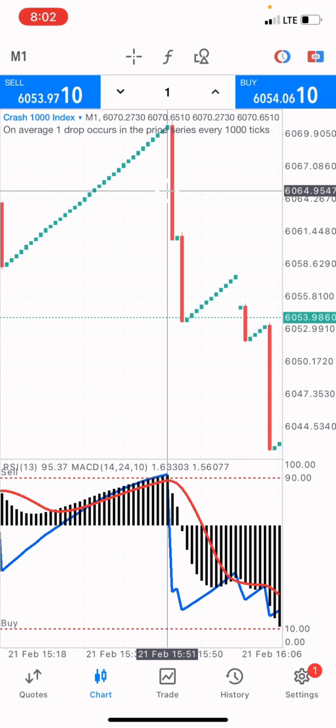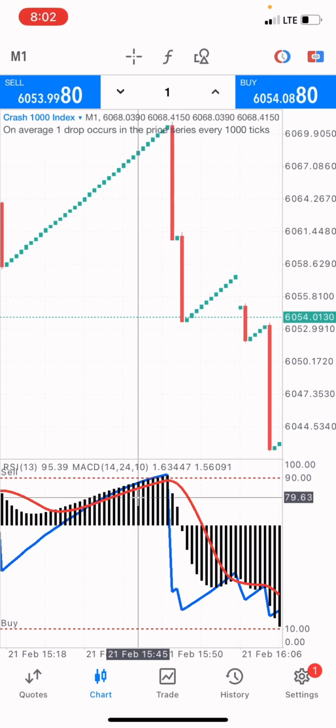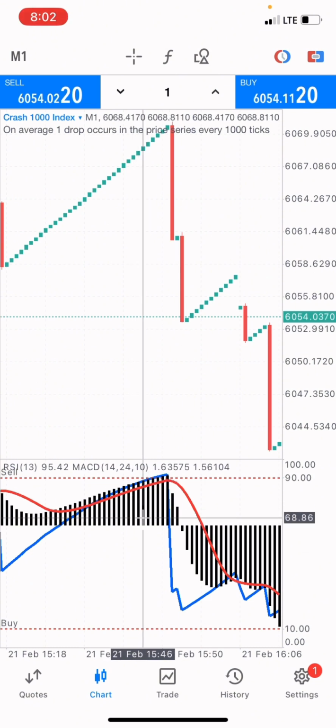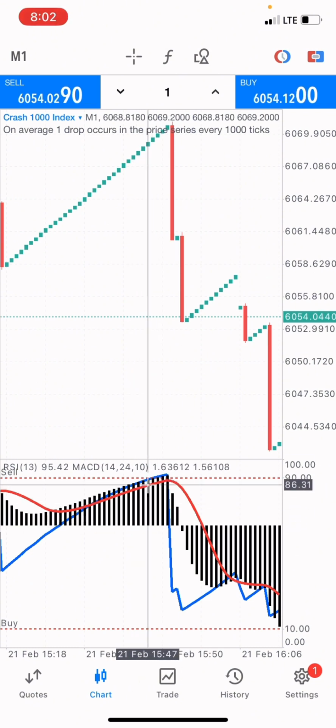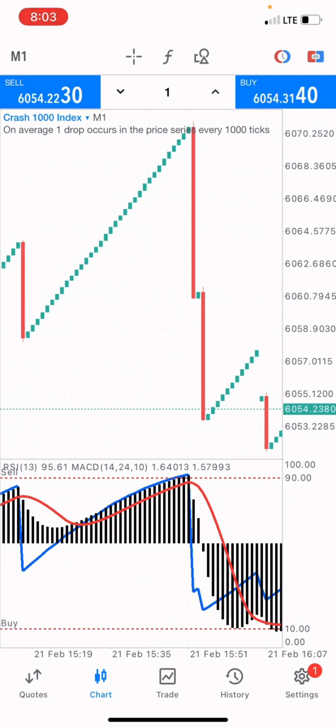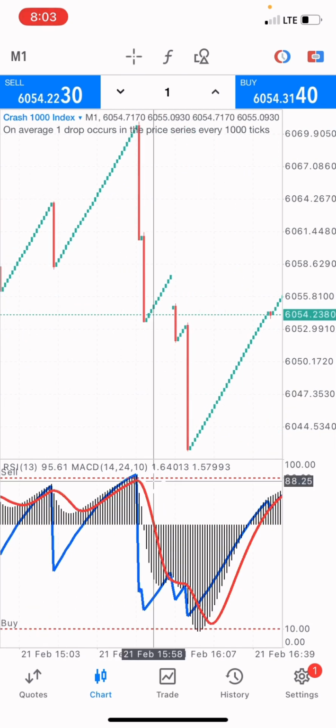So if you are a spike catcher and you want to catch a spike, all you need to do is wait for this blue line to touch the level of 90, or wait until the MACD, which is this black line, touches the level of 90. It's going to give you a signal for a sell position. Then when it touches the level of 10, that's another opportunity for a buy.